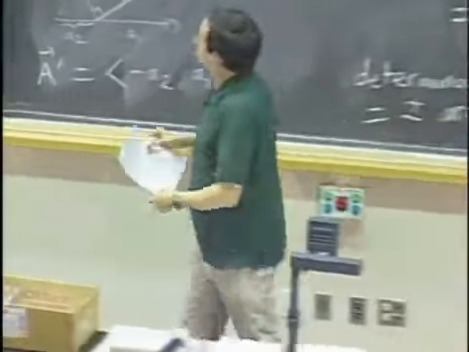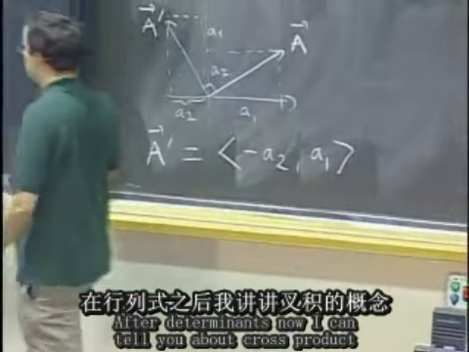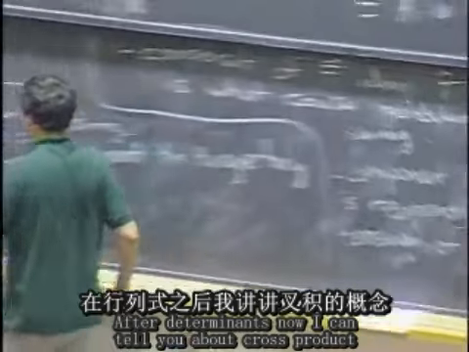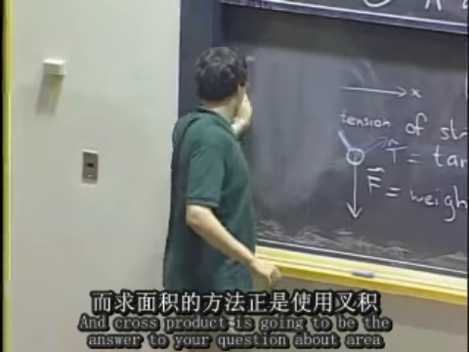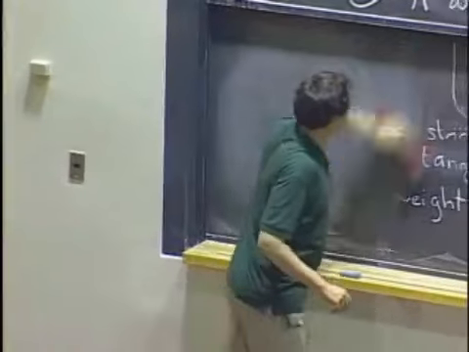Okay, so after determinants, now I can tell you about cross product. And cross product is going to be the answer to your question about area.